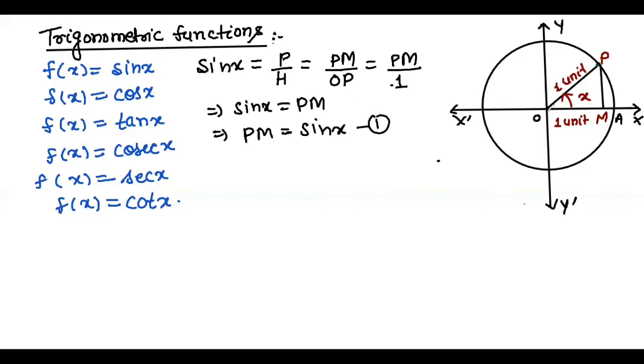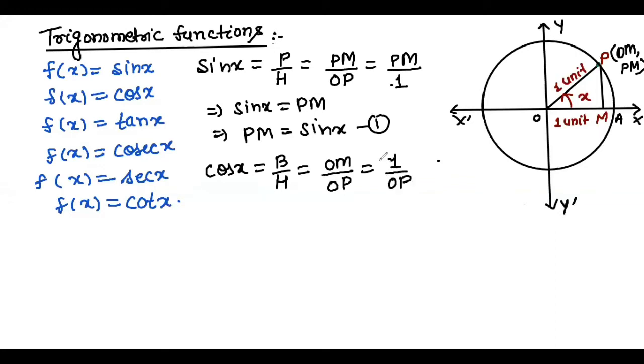So here, for this point P, abscissa is OM and ordinate is PM. So the ordinate value we have, that is sin x. Now we'll find out the abscissa value. Cos x, we know, is base by hypotenuse. So base is here OM by OP. OM we don't know, and OP value we know, that is 1.